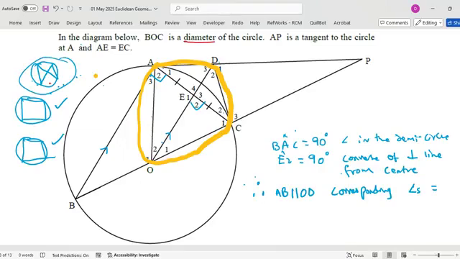If we can get that this angle here and this angle here are equal, or the other side, this angle here and this angle here are equal.